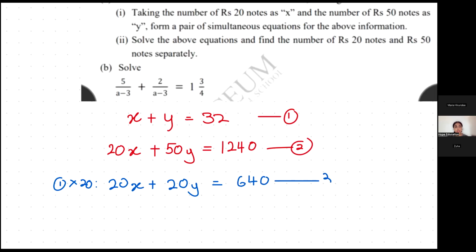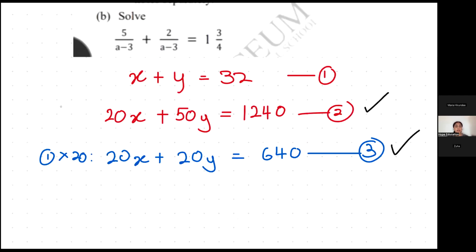This is my equation number 3. So I have to consider equation number 2 and equation number 3. In them, 20x and 20x, we have a common element. So the second step, common element problem sorted.